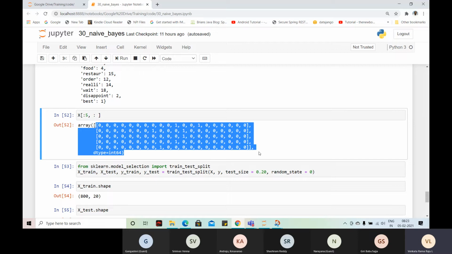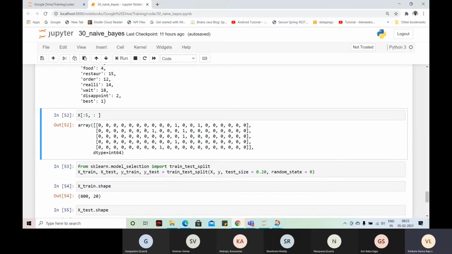What are the columns here in the count vectorizer? What is the first column? First word, second word, third word, fourth word, fifth word.